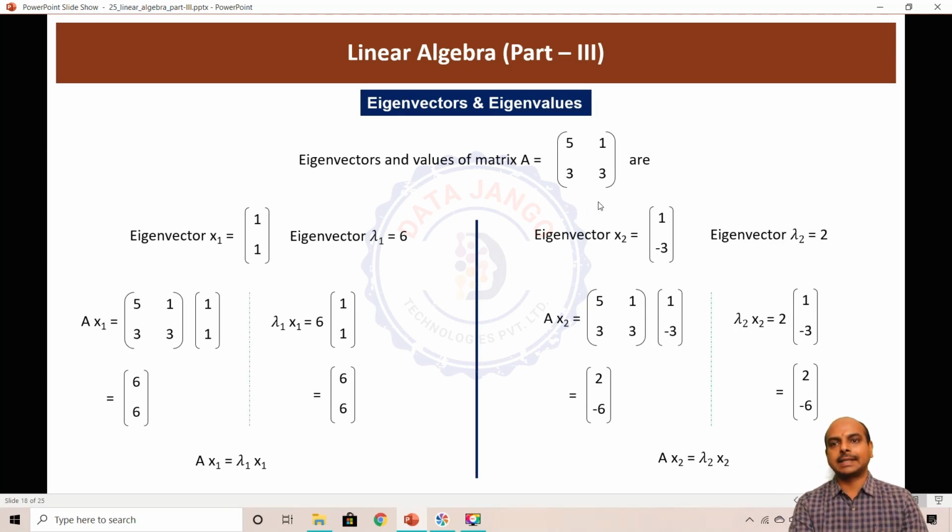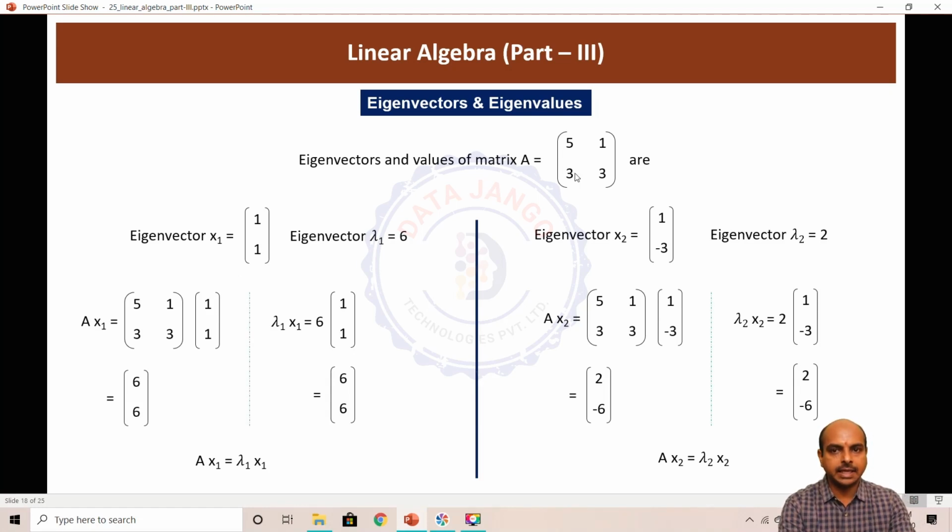An n by n matrix can have a maximum of n eigenvectors and eigenvalues. Here it's a 2 by 2 matrix, and we have two eigenvectors x1 and x2, and two eigenvalues lambda 1, lambda 2. I said Ax is equal to lambda x, right? When you multiply your original matrix A with a vector, and your vector multiplied with a constant, you will get the same value. Let us see that.